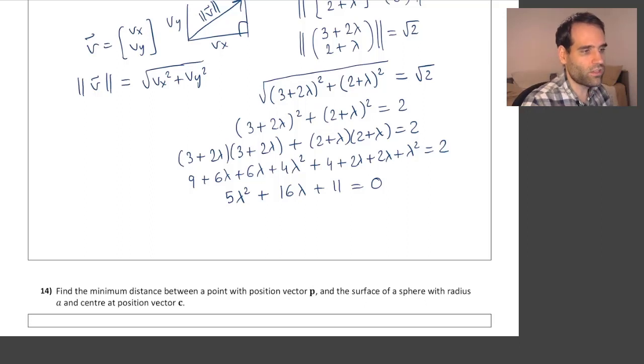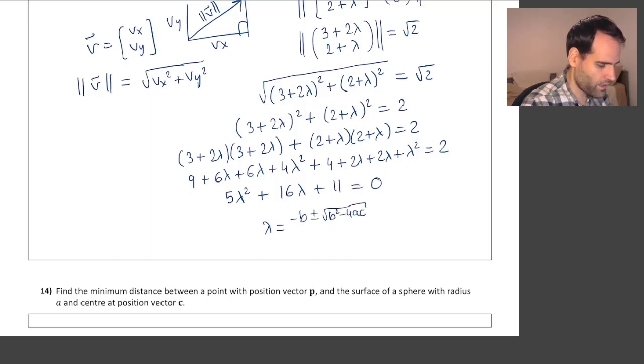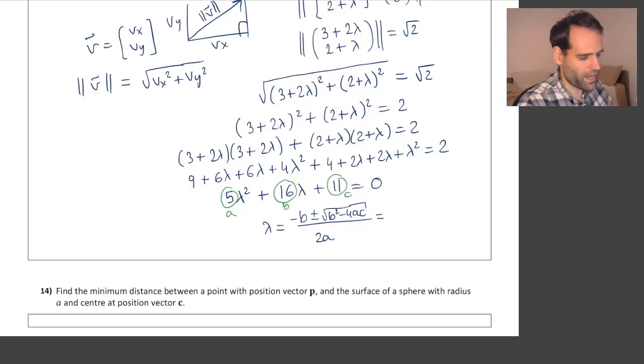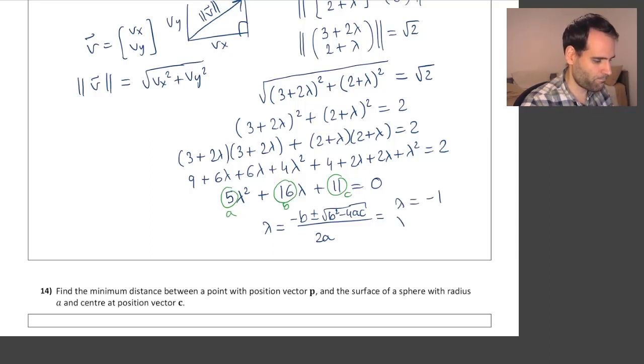So now we know how to solve this. We need to solve the equation. So lambda equals minus b plus or minus the square root of b squared minus 4ac, divided by 2a, where a, b, and c are the coefficients of the different powers of lambda. So by doing this, we can find the two solutions for lambda, which are minus 1 and minus 11 fifths.